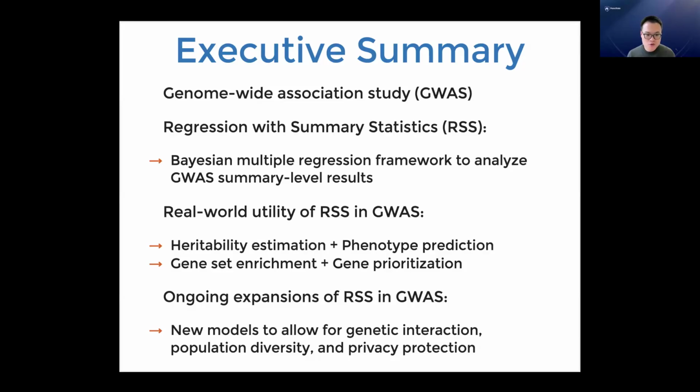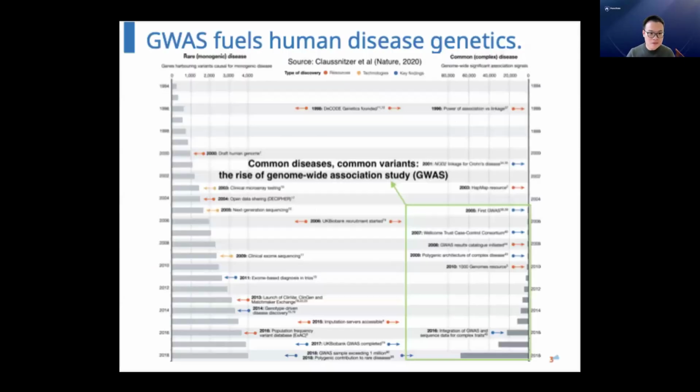After that, I will demonstrate the real-world utility of this framework in 4 different applications in GWAS. And then I will conclude today's talk with several ongoing expansions of this framework to address the emerging issue of summary data coming from GWAS these days.